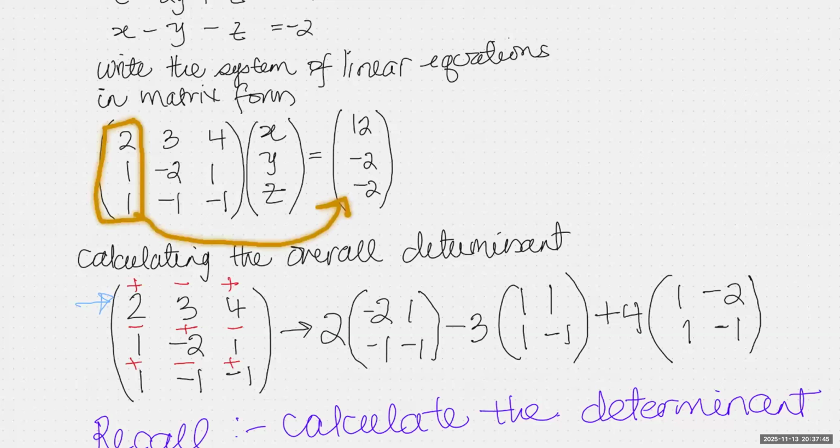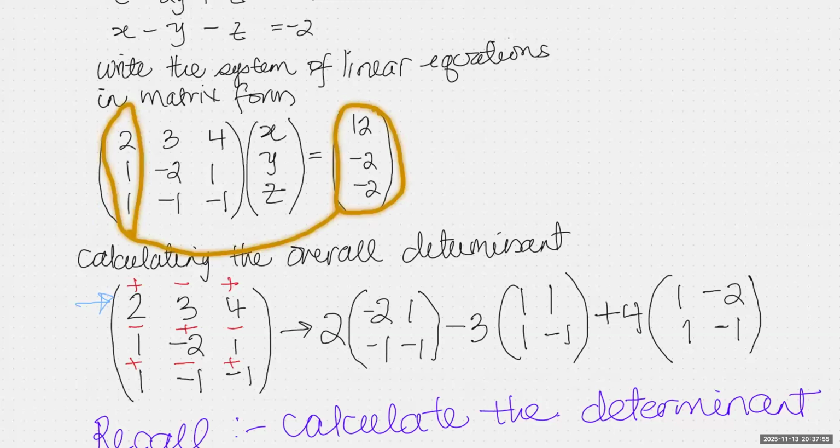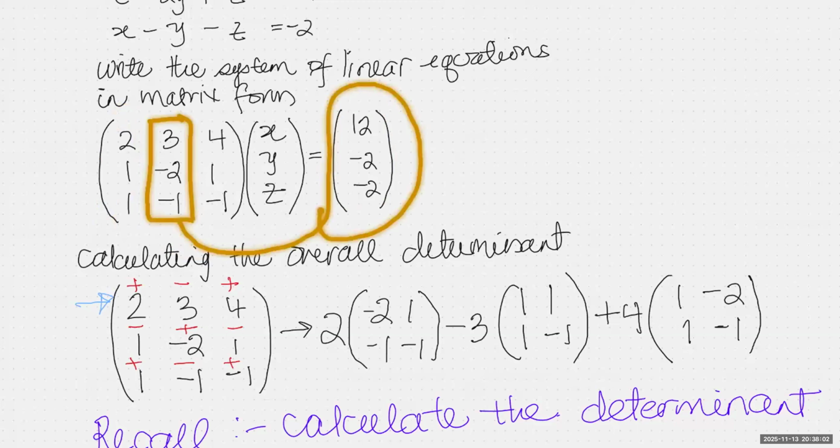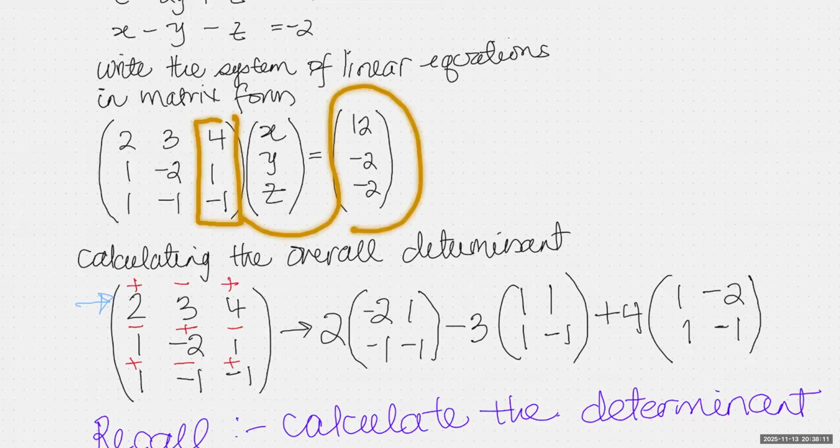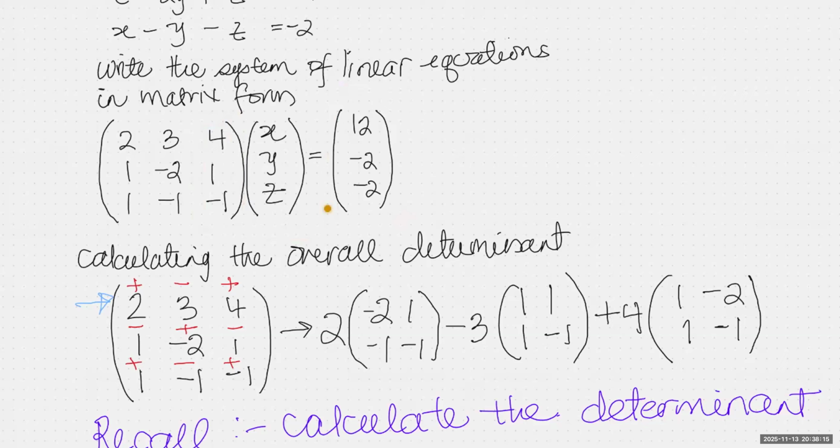So all of this will come in this column here. When I finish that, I'm calculating the determinant of y. I'm going to remove all of y and replace it with all of this there. And when we calculate the determinant of z, we're going to remove all of this and replace it with all of that. So each time we're going to be getting a new matrix. Can you see that? Yes, sir. That's why again we have 4 different calculations. Students, hear me.